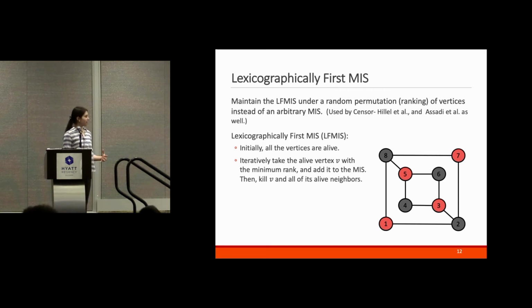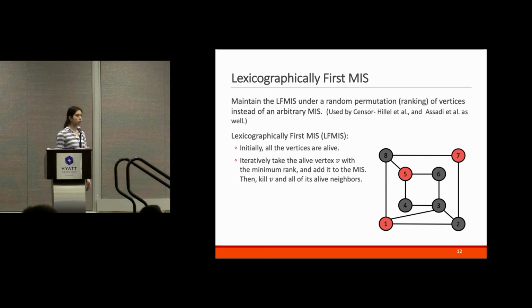Now one might think that maintaining this lexicographically first MIS might make your life even harder. And I'll show you how it's different from MIS. If I insert this edge, I have to remove 3 from the MIS because it has higher rank than 1.